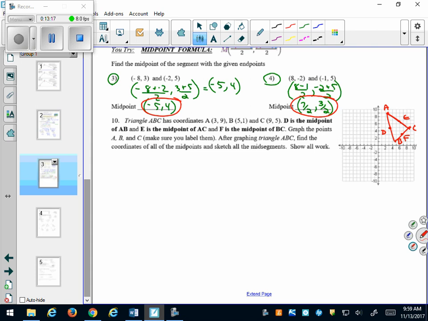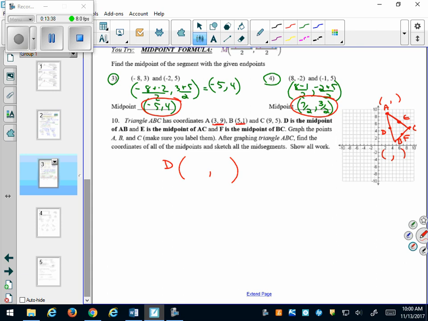So we just need to find the coordinates of these midpoints by adding the x's of AB to find D and the y's and using the midpoint formula, right?